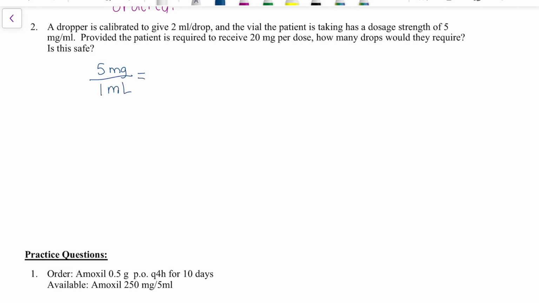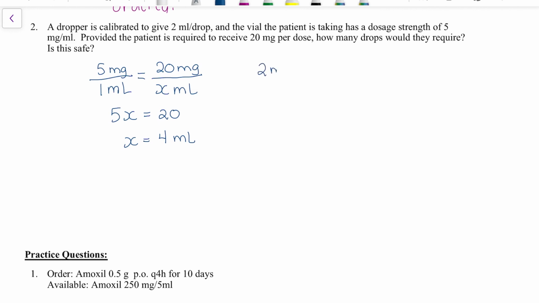And the doctor has ordered 20 milligrams per dose. So how many milliliters is that? We're going to cross multiply, so I get 5x equals 20. X equals 4 milliliters. And then I'm going to take that 4 milliliters and I'm going to see how many drops that is.